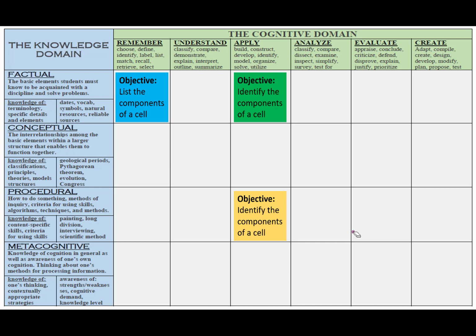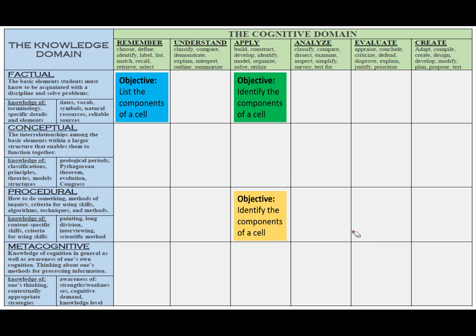Identify, looking at the green objective, if we're asking students to identify the components of a cell, well, now my evidence might be something along the lines of looking at a diagram with arrows pointed at different things and being able to recognize what that arrow is pointed to.